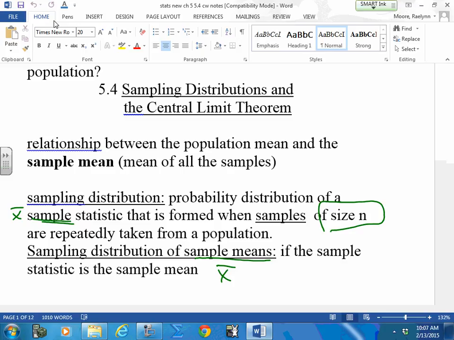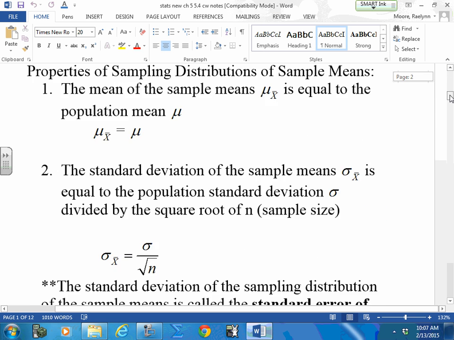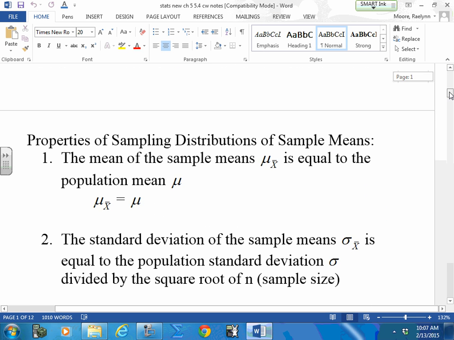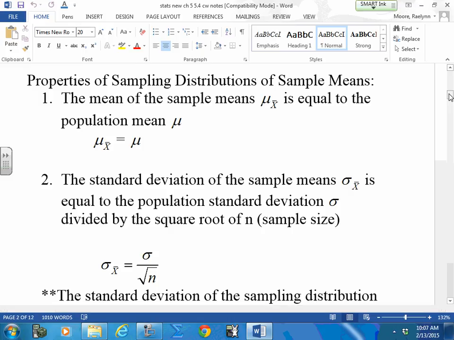Now, what's important is that little box underneath, and we're going to see this in a minute. There's a couple of properties right here. Once we take all your samples and we find out the mean of all those samples, we take the total mean of those sample means. It sounds like a tongue twister here.